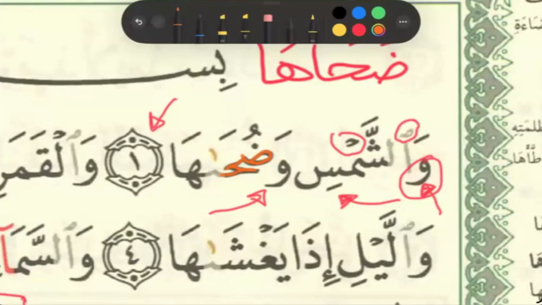Here's sheen connecting to the letter before it. And look, the third tooth is being used to connect to the meem. Then we have a seen connected to the meem at the end of the word and taking its own form.